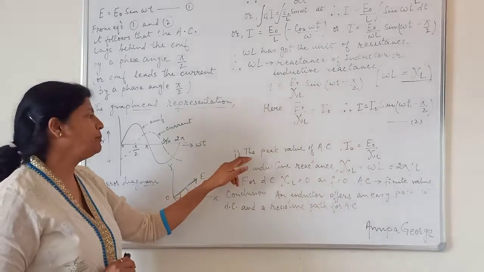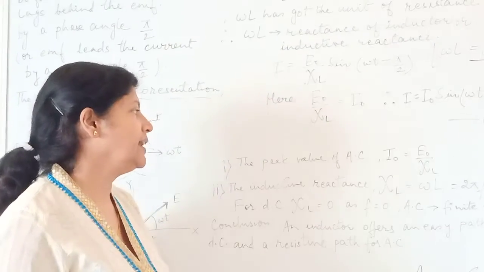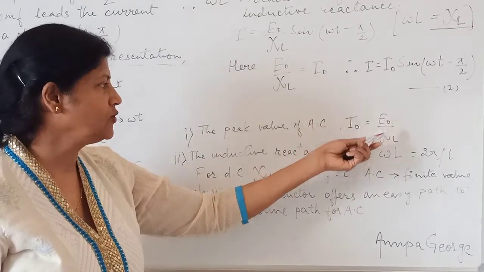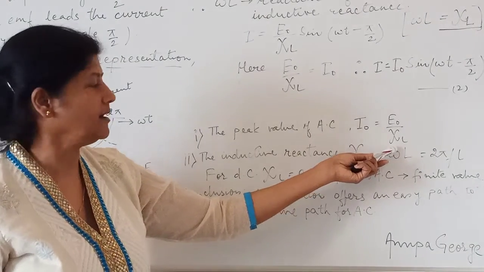Number one, the peak value of AC is equal to I naught, I naught is equal to E naught upon X_L.